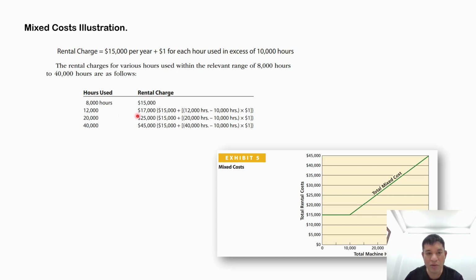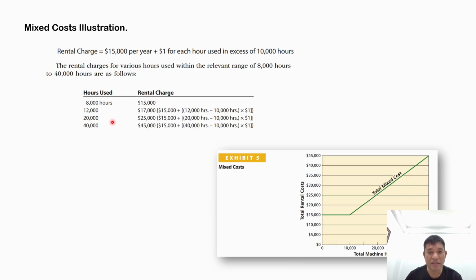So the total will be $17,000. For 20,000 hours, the excess is 10,000 hours.